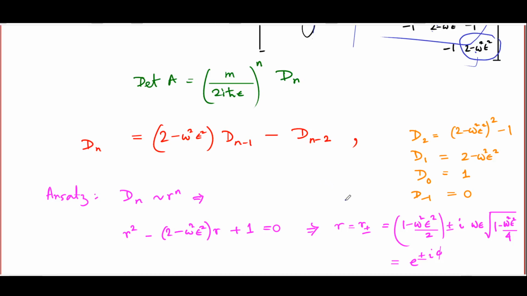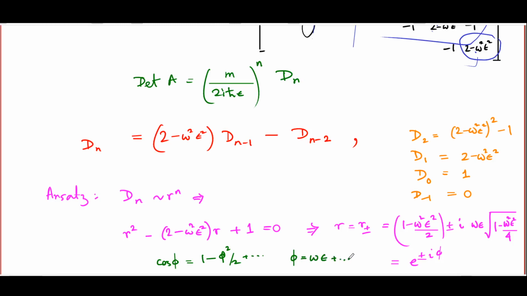Remember, we are going to be interested in the case where n becomes very, very large, and that means epsilon becomes very, very tiny. Now, in the limit epsilon becomes very, very tiny, this expression, if this were cos phi, we would just have to use our standard result that for small phi, cos phi is like 1 minus phi square by 2 to realize that phi in the limit of very small epsilon would have to become omega epsilon.